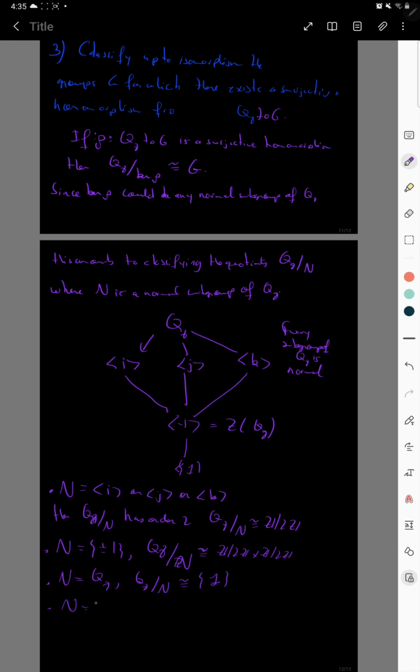And if N is 1, Q8 mod N is isomorphic to Q8. So up to isomorphism, there are 4 quotient groups of Q8: Z2, Z2 cross Z2, 1, and Q8. Okay, thank you everyone, and I hope this helps.